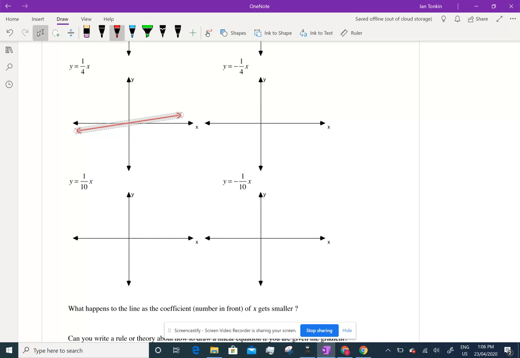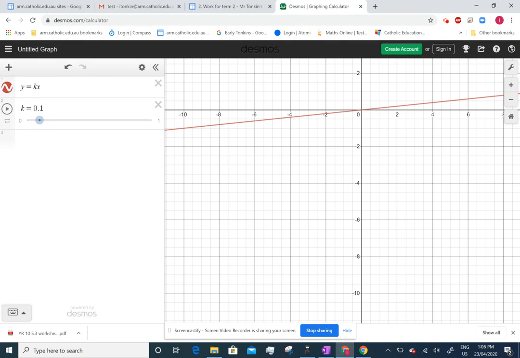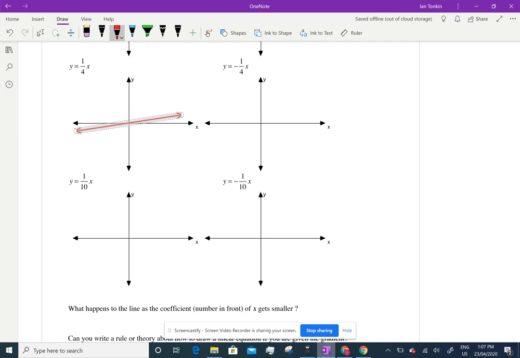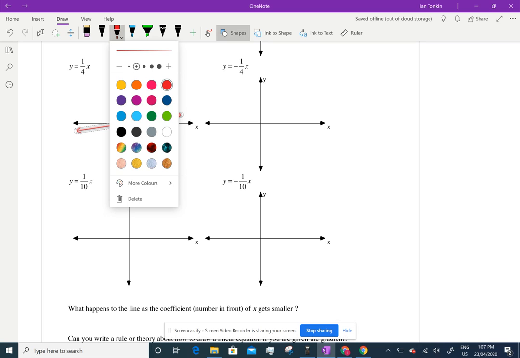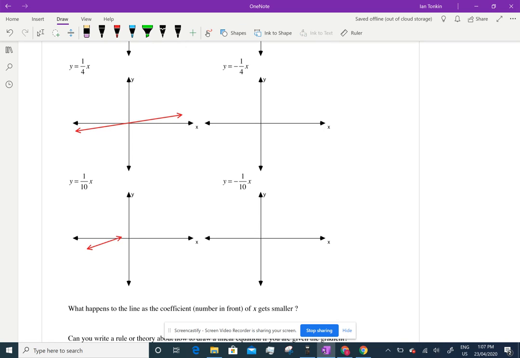And a tenth, look how flat it is by the time we get to a tenth. Well, that one's not even as flat. It's hard to give it even flatter. These two should be the other way around. That one and that one should swap.